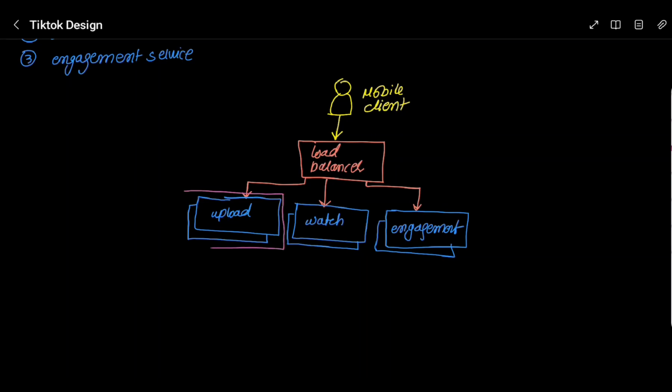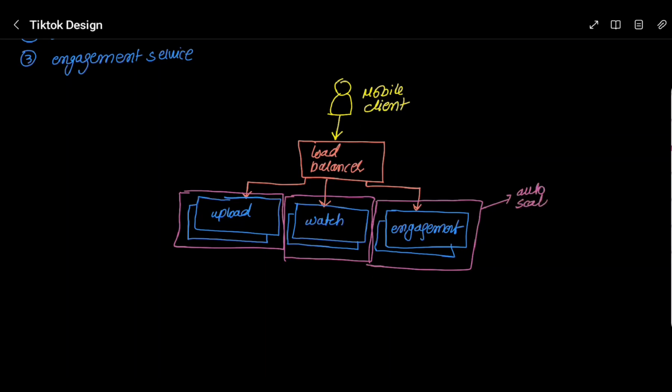Let me draw a square out of these, just like that. Okay, this one's tricky. Okay, I'm just gonna do it anyway. Okay, perfect. So this would be my auto-scaling group.